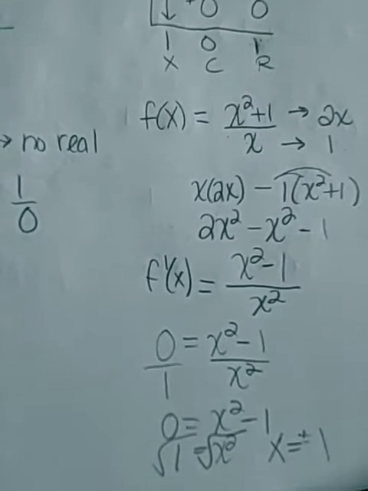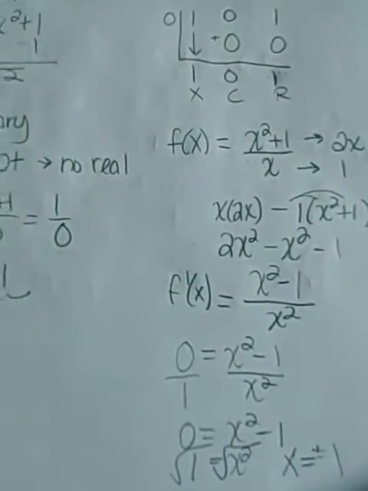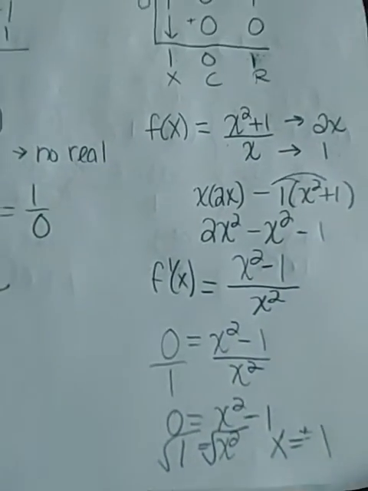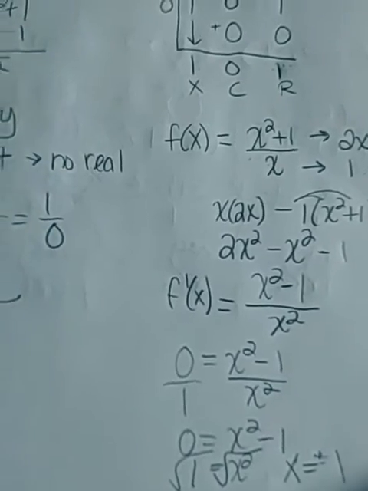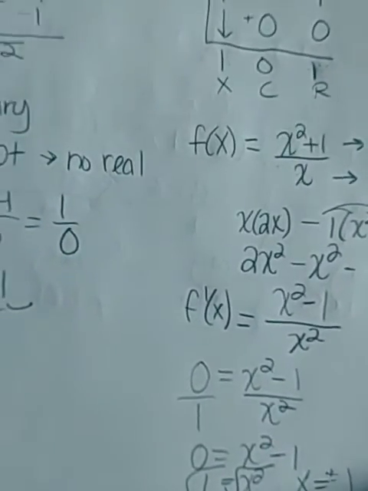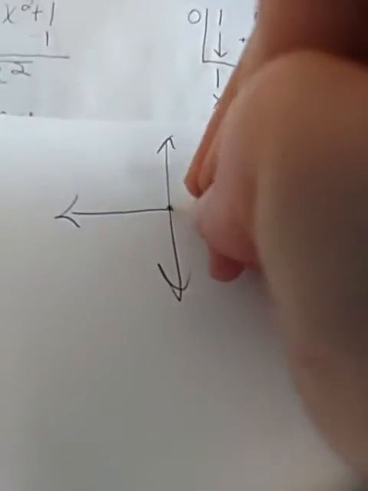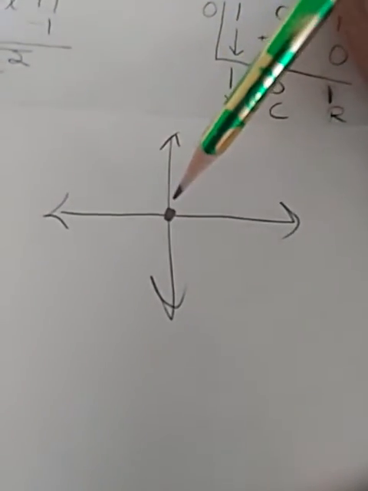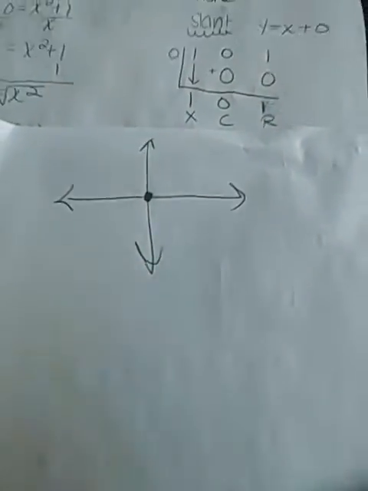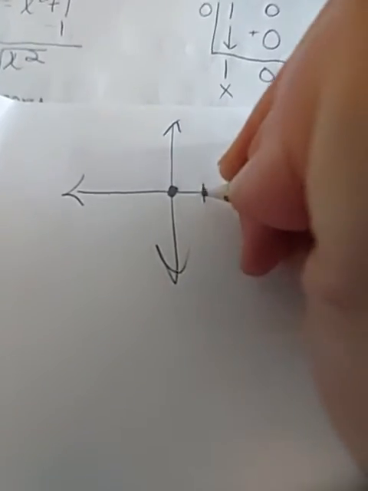All right, so now I'm going to break up my number line using some of these critical values. So first thing to break up my number line is my undefined, 0. That was my vertical asymptote. And then the critical values of 1 and negative 1.